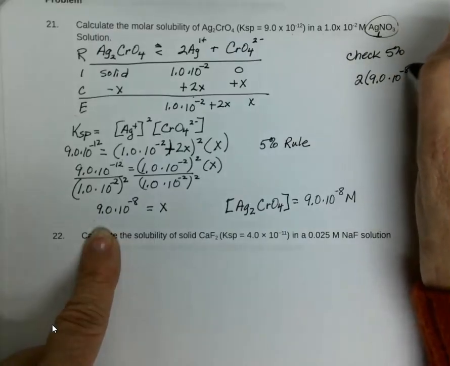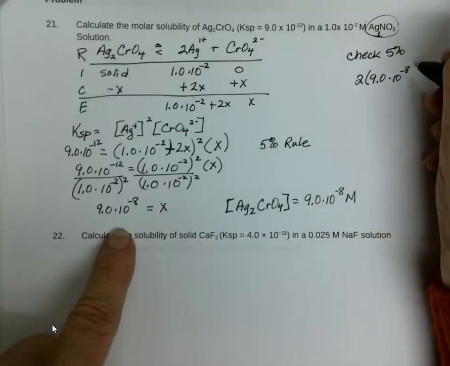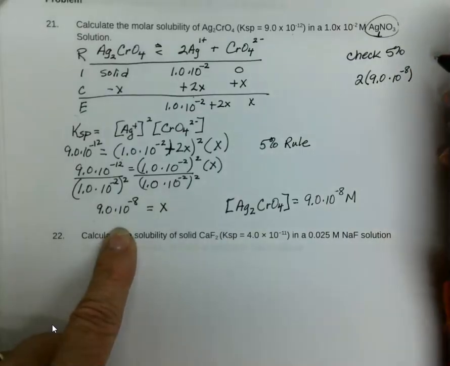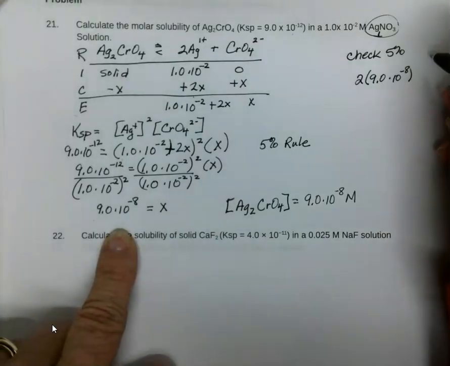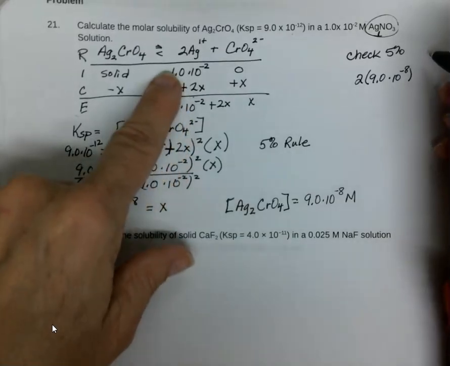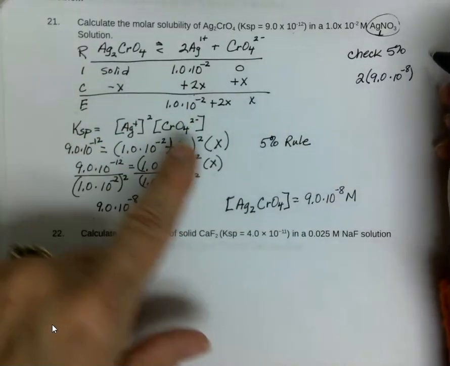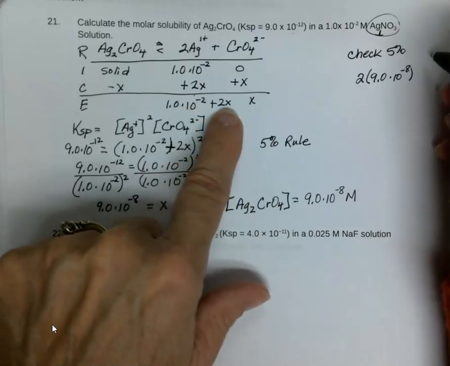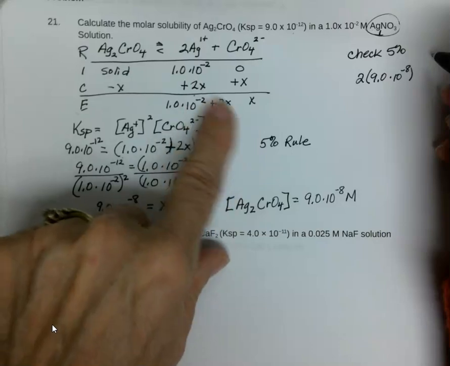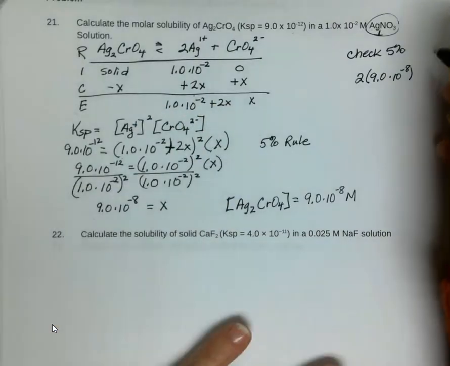Okay, so that was where all of the silver chromate dissolved. And then we're going to take that and divide it by our molarity that we start off with. In other words, this change is less than 5% of the overall change that took place.